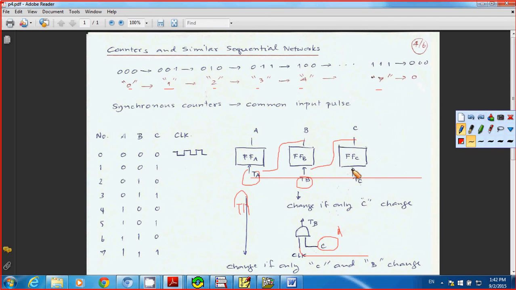It has to work this way. It means that if C doesn't change, you cannot start counting the number of clock. C has to change. That means it has to be 1.